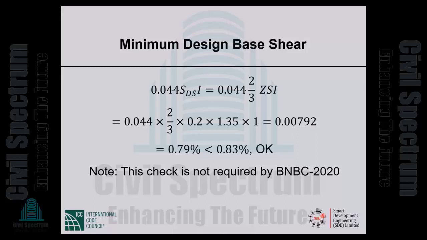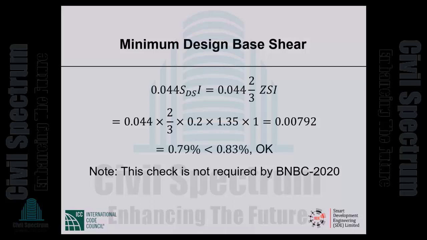0.044 S sub DS times I, S sub DS is two-thirds of Z times S. I have gone over that. Let me not confuse myself and you.